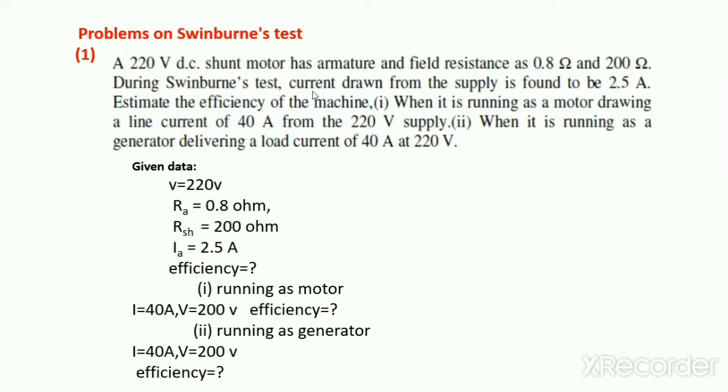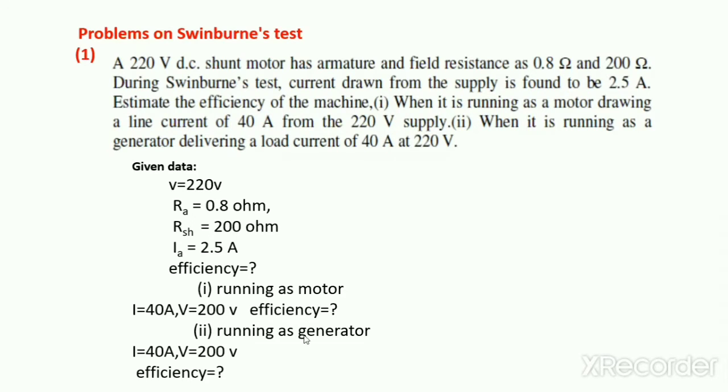During the Swinburne's test, the current drawn from the supply is 2.5 amperes. Next, estimate the efficiency. What is the efficiency of the machine? First, when it is running as a motor, we use the line current and the voltage to determine the efficiency.